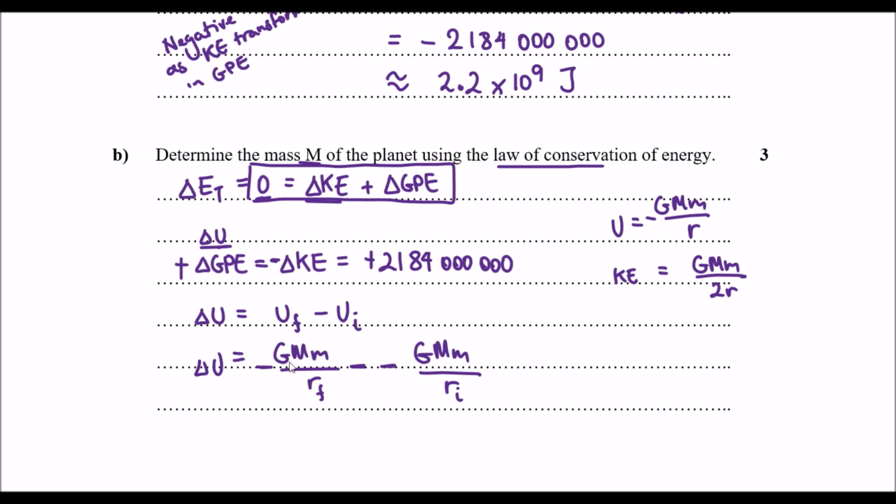You can see here that capital G and lowercase m are constants. Those numbers don't change. So we can actually try and make things a little bit easier for ourselves if I just rearrange this equation a little further. So just write it like so.